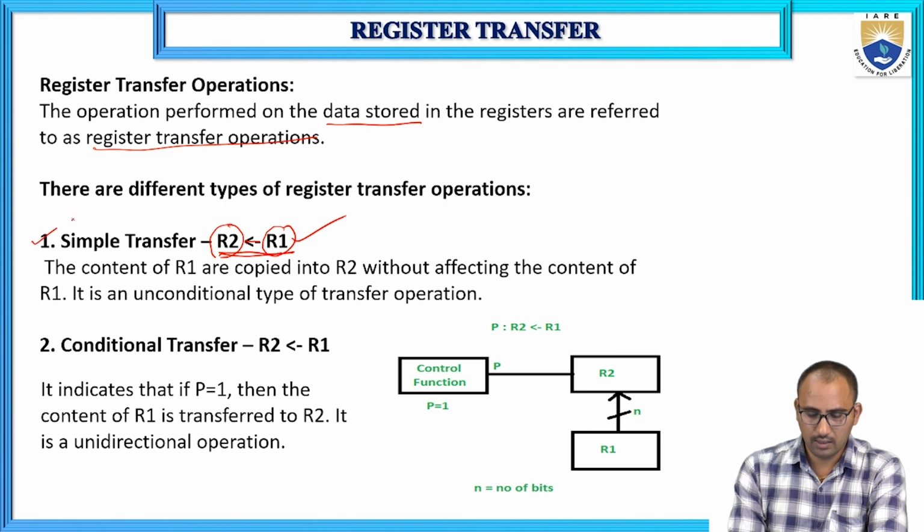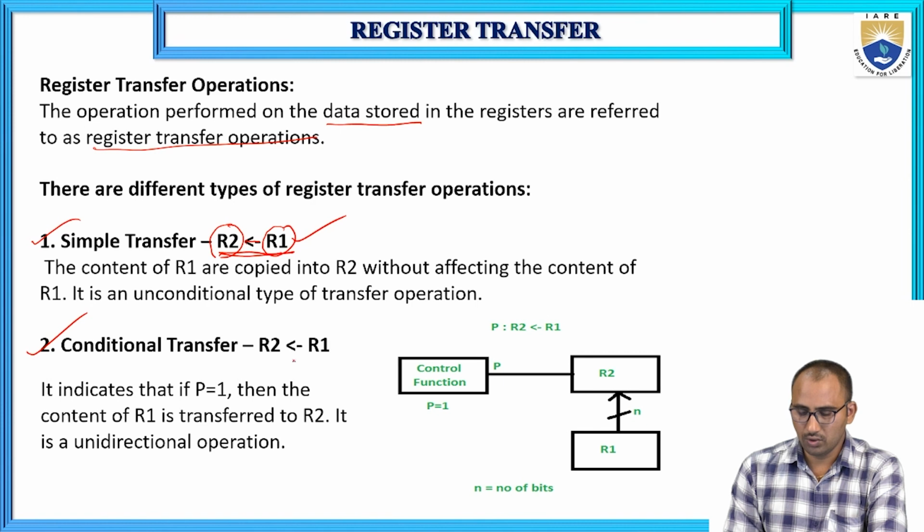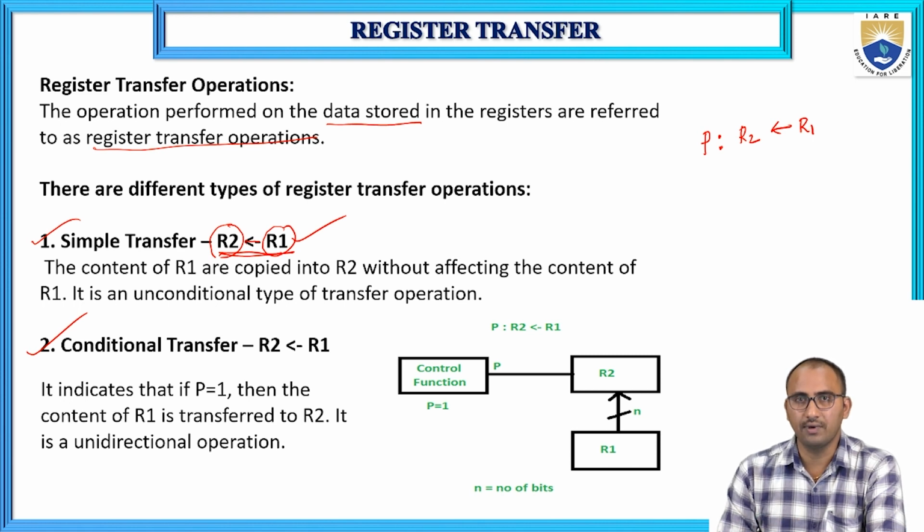And coming to the second type, the conditional transfer. Already we know how we can specify conditional transfers using P colon. The colon can be used to specify the condition. P colon R2 arrow R1 is the way of specifying the conditional transfer.